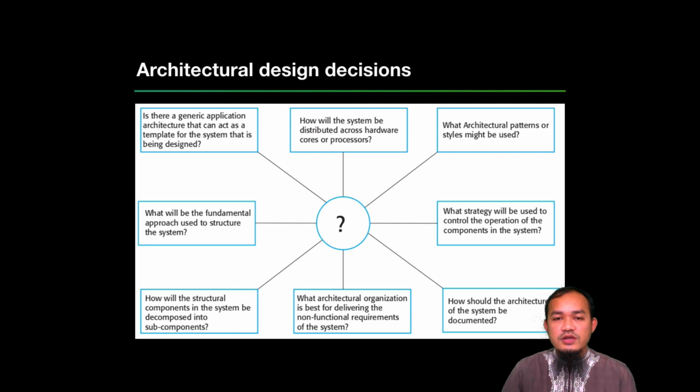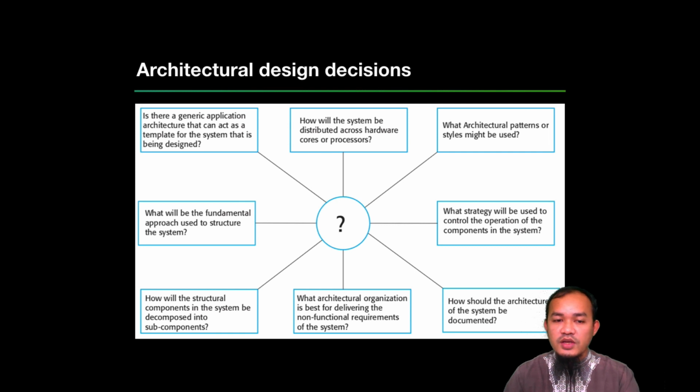There are many questions, many things to consider before we make an architectural design decision. For example, what kind of application, what kind of system are you developing? Is the system distributed across hardware cores or processors or not, or is it just a web app or a mobile app? What architectural pattern will be used?